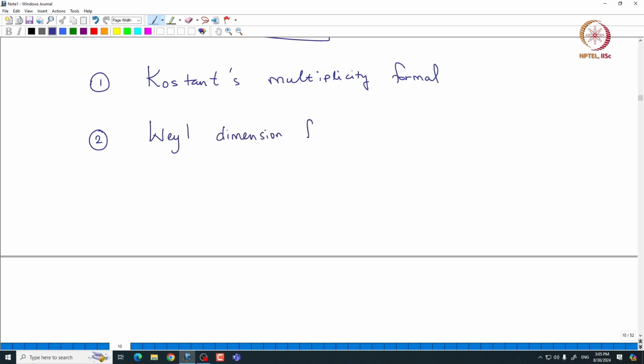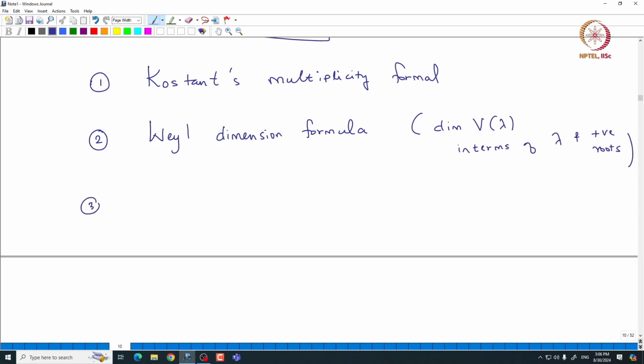This formula tells you the dimension of a given irreducible representation V lambda. It tells very explicitly the dimension of V lambda in terms of lambda and the positive roots.